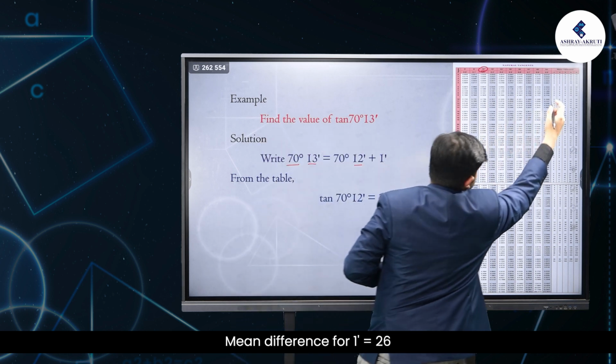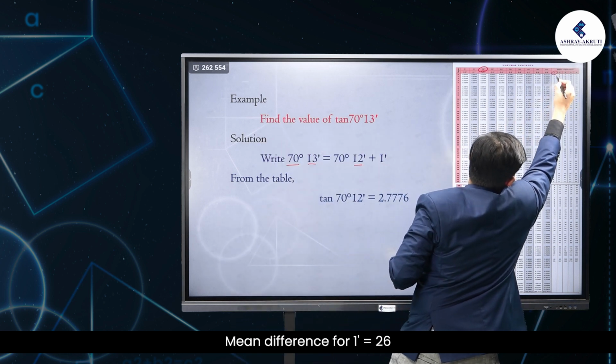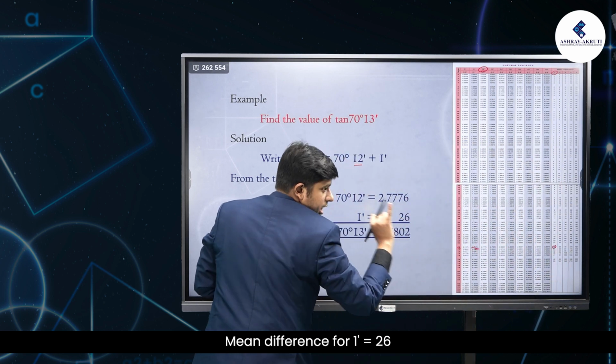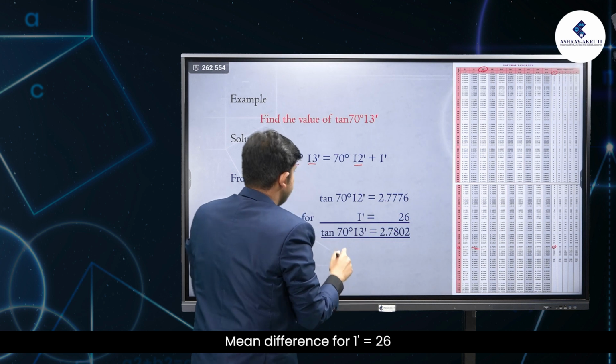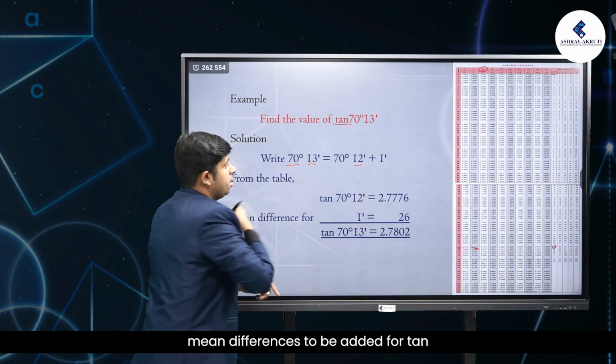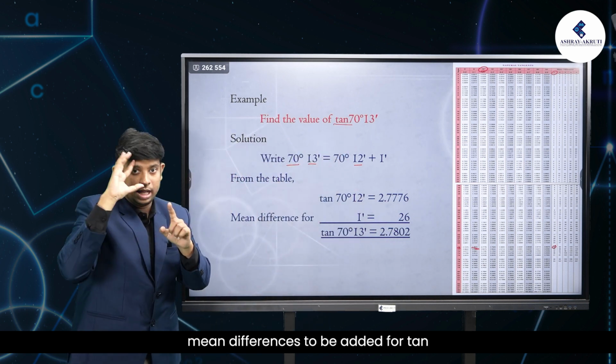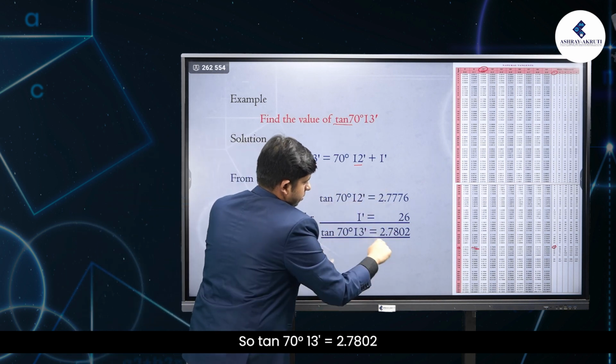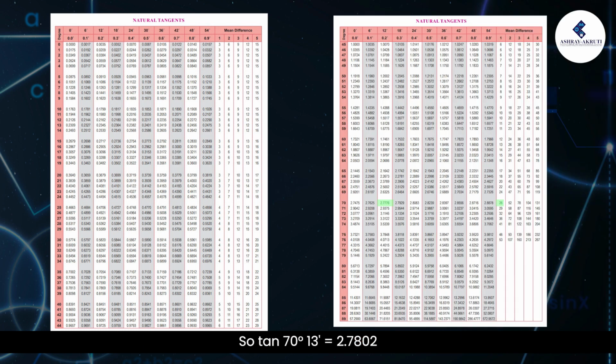Mean difference for 1 minute is equal to 26. Mean differences to be added for tan. So, tan 70 degrees 13 minutes is equal to 2.7802.